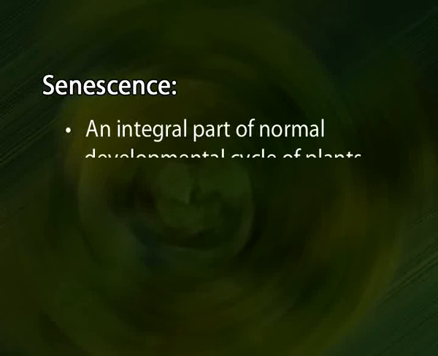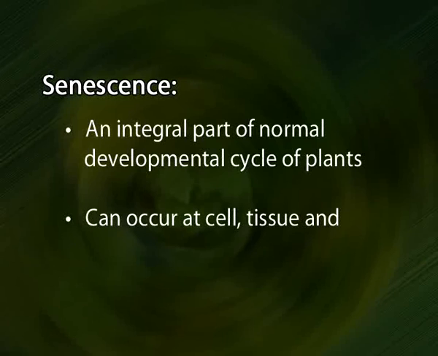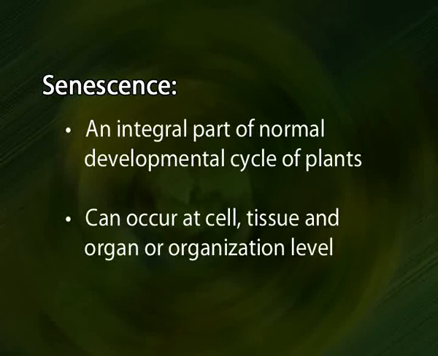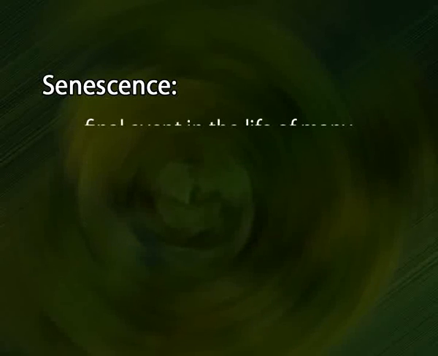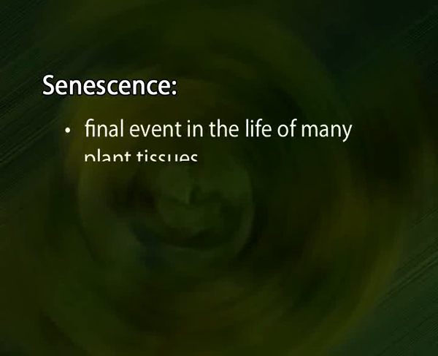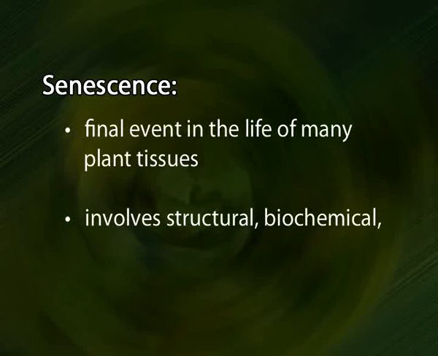Senescence is an integral part of the normal developmental cycle of plants and can occur at cell, tissue, and organ or organization level. It's the final event in the life of many plant tissues and is a highly regulated process that involves structural, biochemical, and molecular changes that in many cases bear the hallmark of programmed cell death.